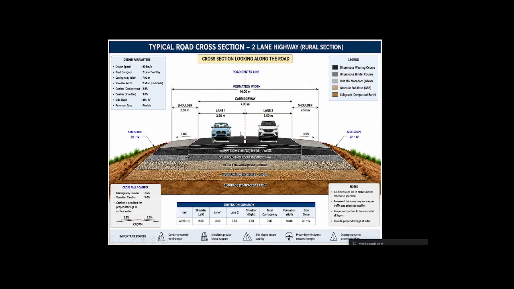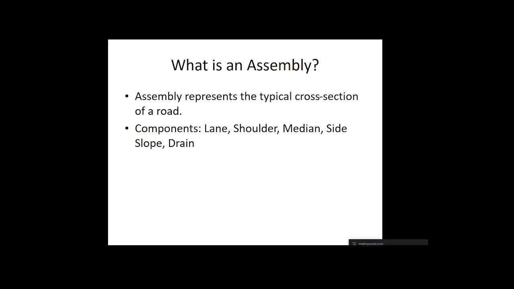The assembly contains different components such as lanes, shoulders, drain, maybe the drain is provided here or here as per the cross section element, then side slopes. So whenever Civil 3D creates a corridor, it repeatedly applies this assembly along the alignment.